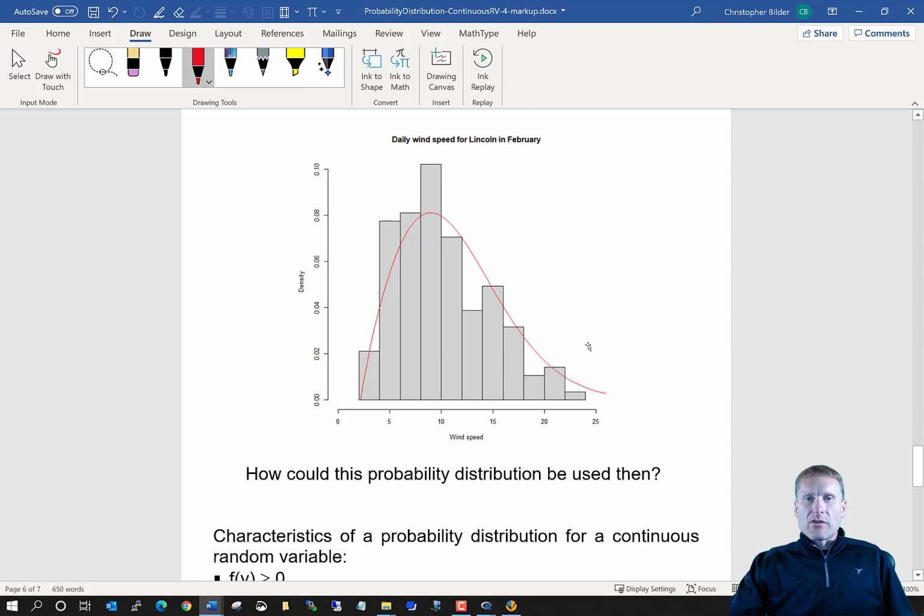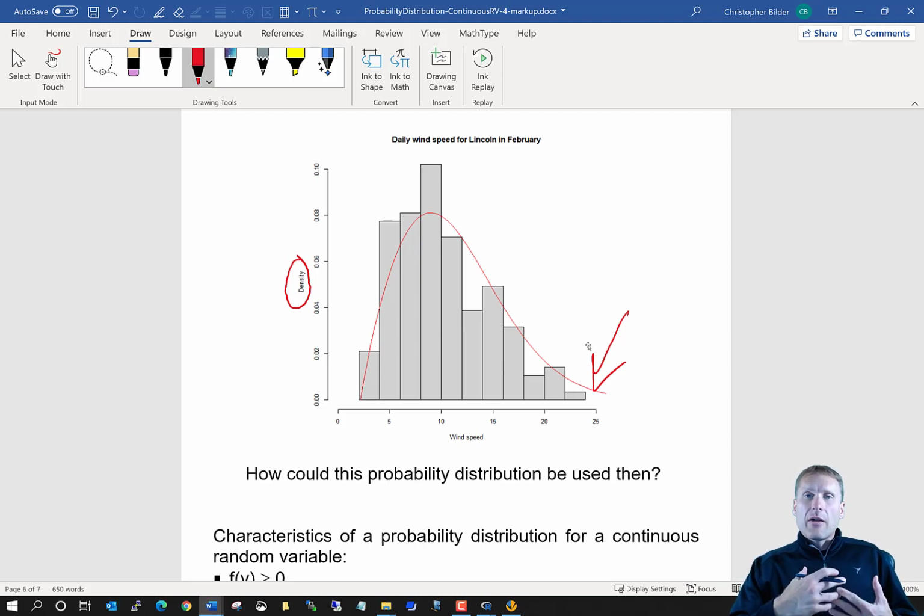So in the previous section, we did a histogram of all the wind speeds. And all I did in this particular plot is I plotted that histogram and I adjusted the y-axis. And don't worry about how I actually do it. I adjusted the y-axis so I can also get a plot of this probability distribution on it. And as you can see, this probability distribution generally follows the same shape as that histogram.